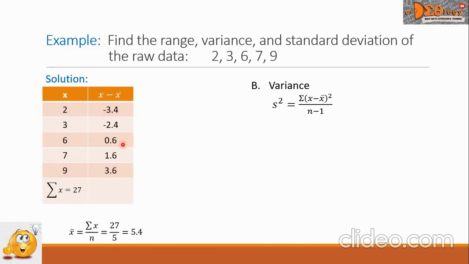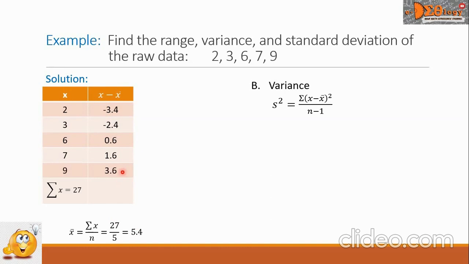And the next will be 3 minus 5.4 is negative 2.4. 6 minus 5.4 is positive 0.6. 7 minus 5.4 is 1.6. 9 minus 5.4 is 3.6.